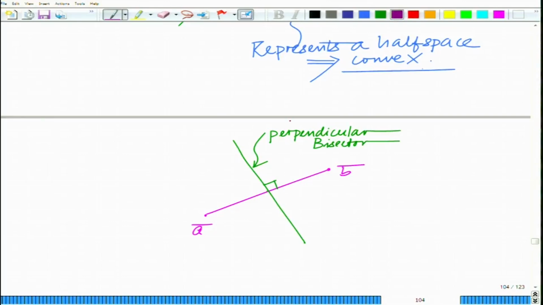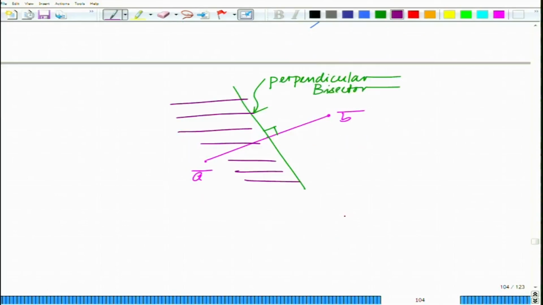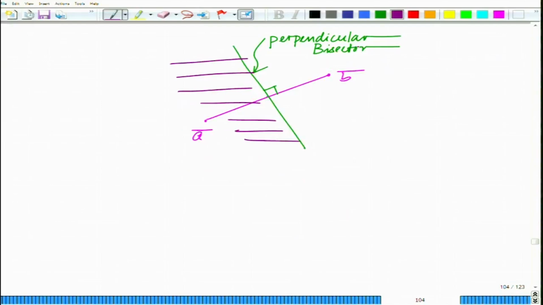All the points that are closer to a bar than b bar lie on one side of this perpendicular bisector, and this is the half space that you are talking about.